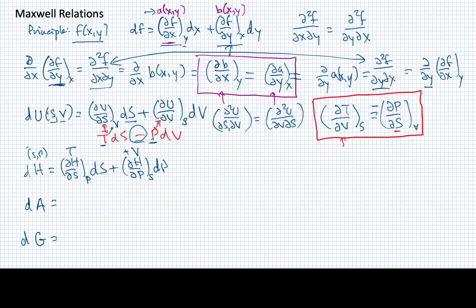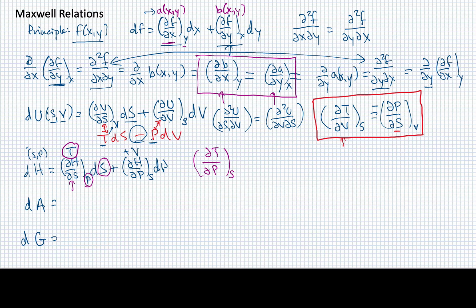I'm going to take the derivative of this quantity that's represented by this partial derivative, and I'm going to do it with respect to the variable that was held constant here. And then the quantity that I'll hold constant is the thing that appears over here in the differential. So this will be the constant.